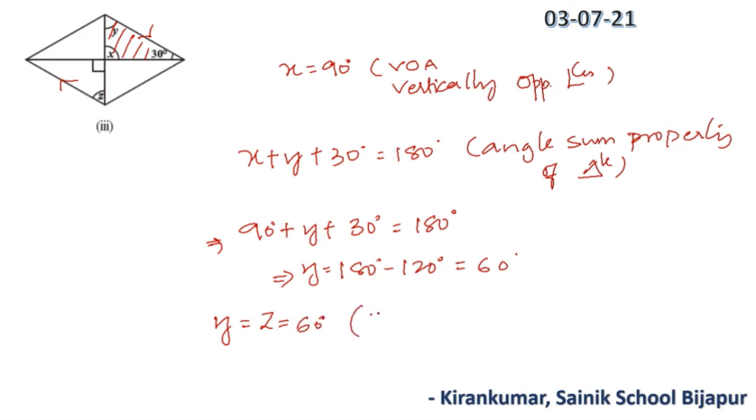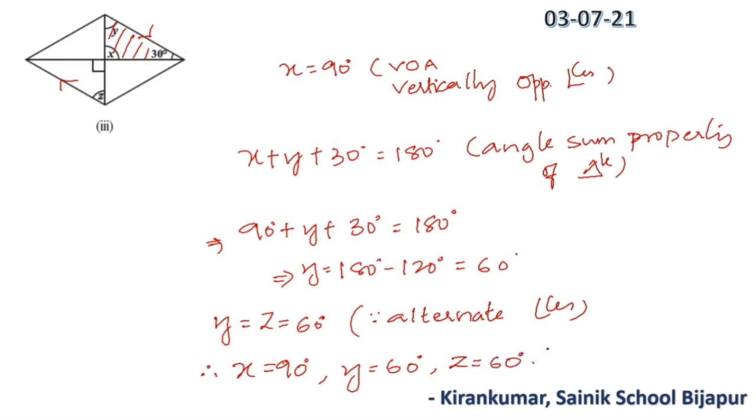The reason is they are the alternate angles. Therefore, we have found x as 90 degrees, y as 60 degrees, and the angle z is 60 degrees.